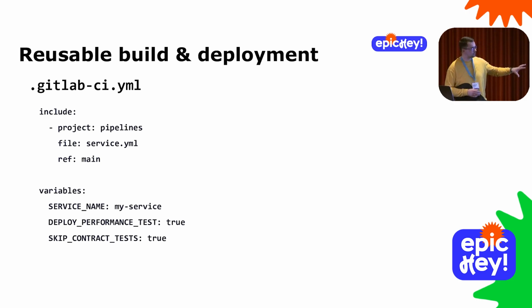Sometimes you need some customizations, and they could be provided in the form of flags. Here you can actually see that for this microservice, we skip contract tests. Most likely, this service does not need any contract testing, but we enable performance tests. So you can do some customizations through flags, but never allow services to define their own pipelines. This is just a nightmare to support.